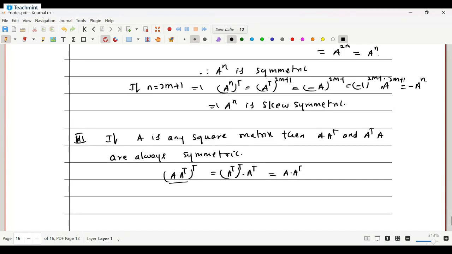Therefore, (A A transpose) whole transpose equal to A into A transpose. Therefore, A A transpose is symmetric. And (A transpose A) whole transpose equal to A transpose into (A transpose) whole transpose, which is equal to A transpose A. So which implies A transpose A is also symmetric.